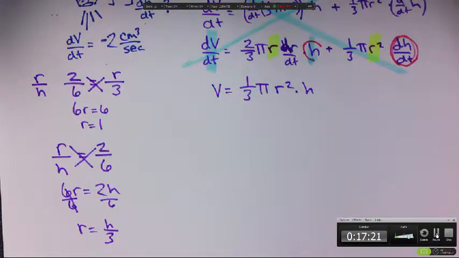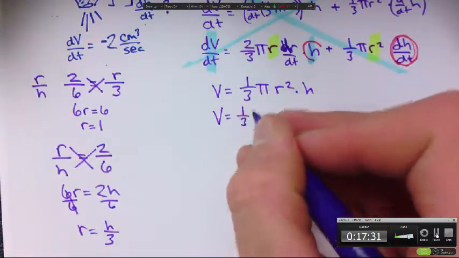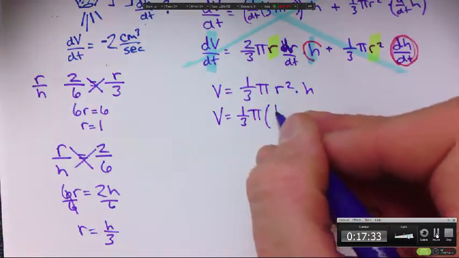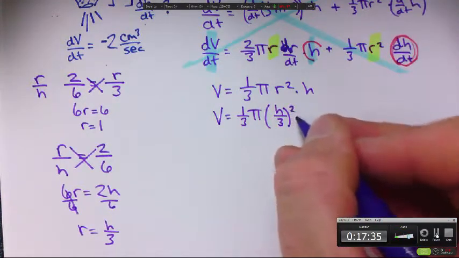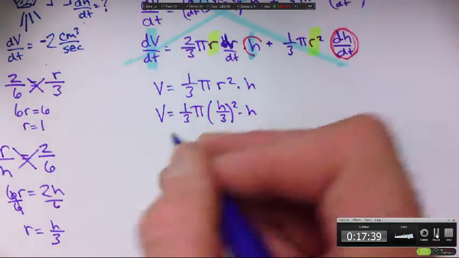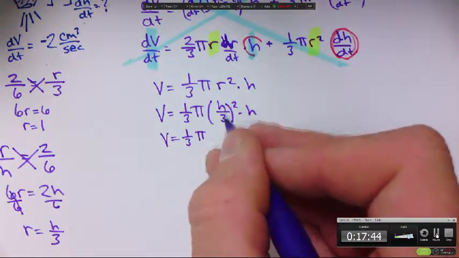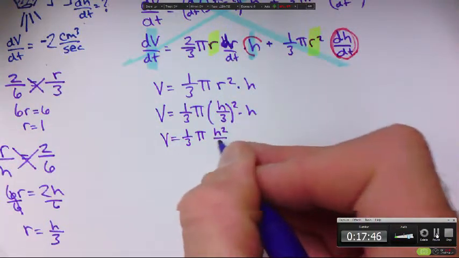In doing that, instead of volume being dependent on the radius and the height, the volume will just be dependent upon the height. So we get volume is equal to 1/3 pi h over 3 squared times h, which gives us volume is equal to 1/3 pi. h over 3 squared is h squared over 9.